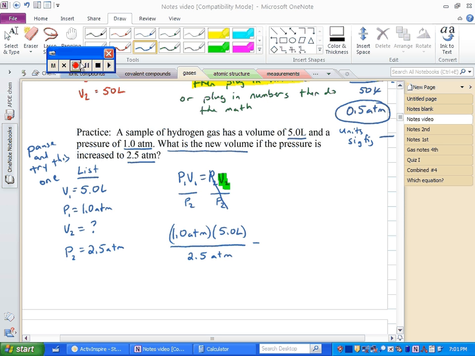This is V2. So we have atmospheres on the top, atmospheres on the bottom, they cancel. We have 1 times 5 divided by 2.5. So we get 2.0 liters. And that has the correct units and sig figs.